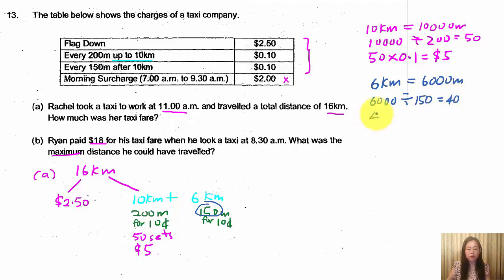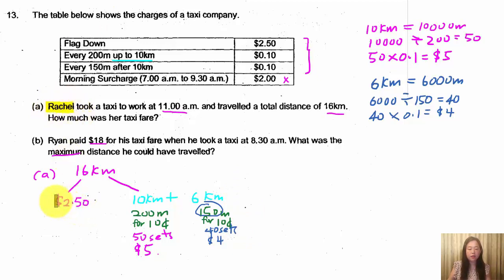So if we use 40 sets, multiply by the 10 cent here, which is actually 0.1, it will be $4 here for actually 40 sets. So how much did Rachel pay?